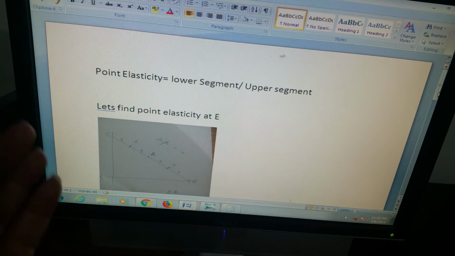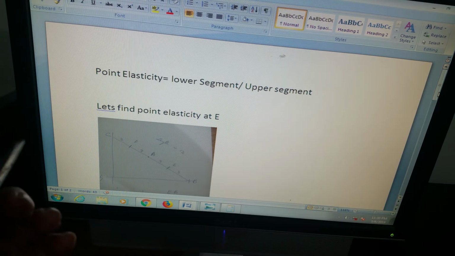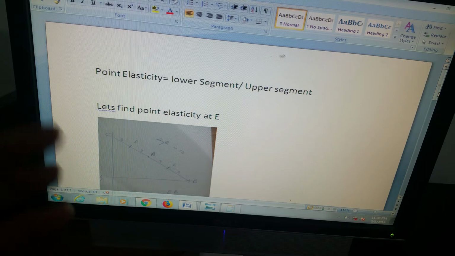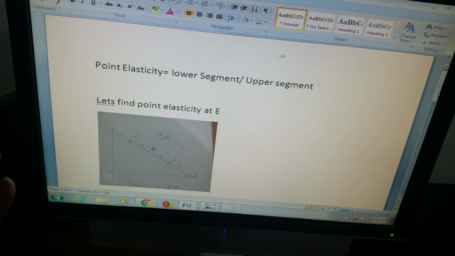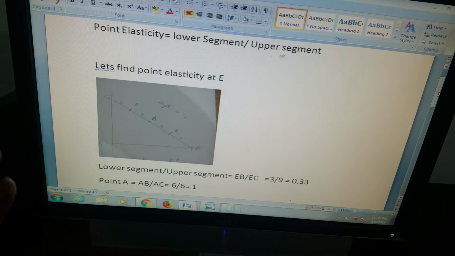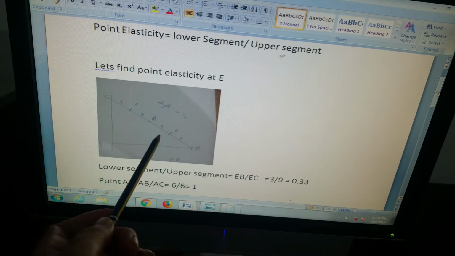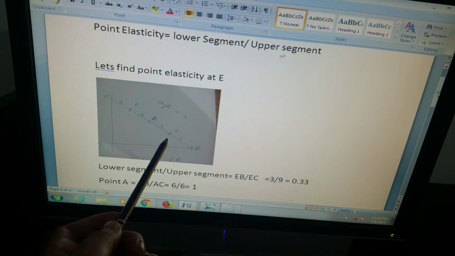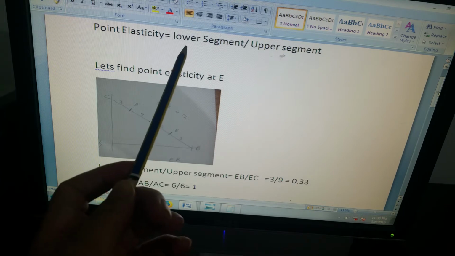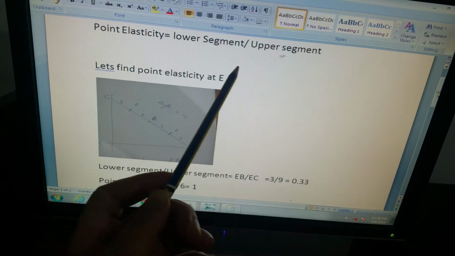So now let's look at the elasticity at any one point on this line. Let's say I want to start with point E. So what is the elasticity at point E? It's very simple. The formula is lower segment divided by upper segment.